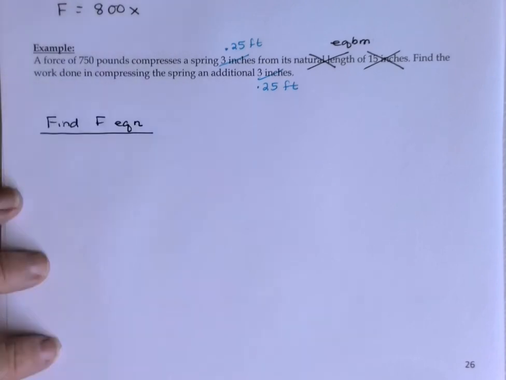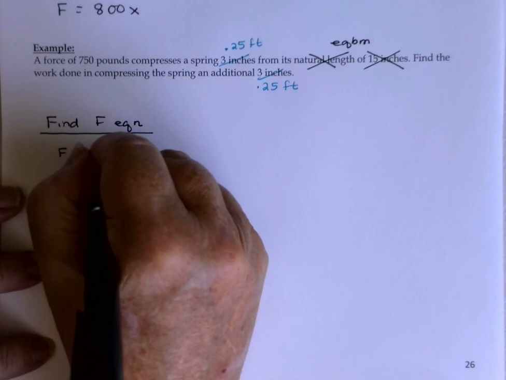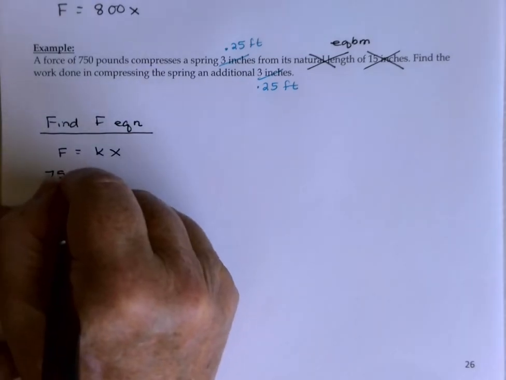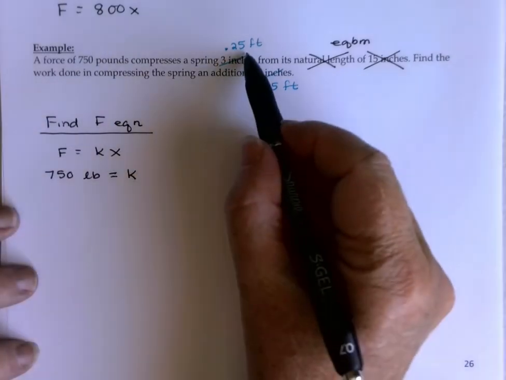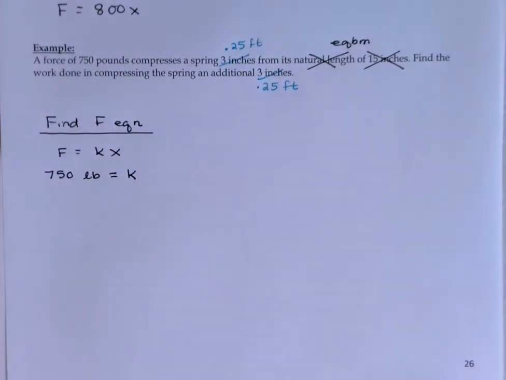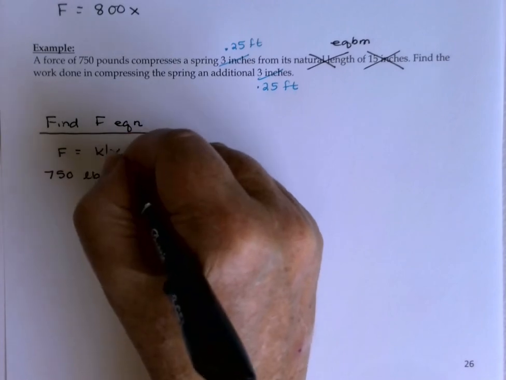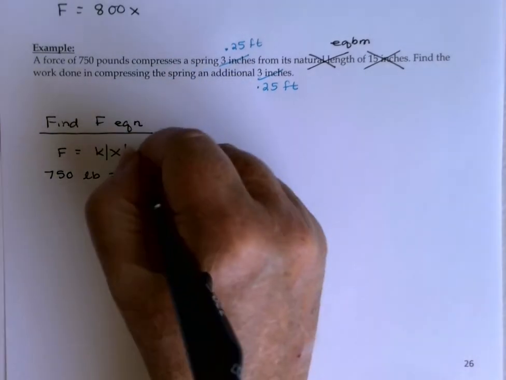I'll start with finding my force equation. Always Hooke's law for spring problems, F equals kx. The force was 750 pounds, and that was a compression of 0.25 feet. And by the way, k is always considered to be a positive constant. Technically speaking, I probably should be using an absolute value of x here when there's a compression, when I find the k value.